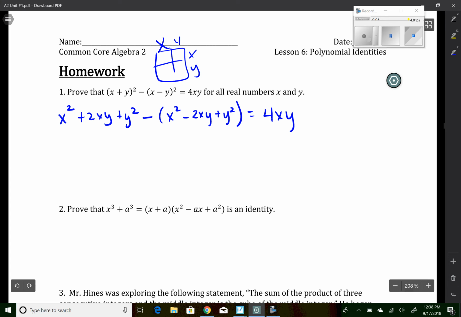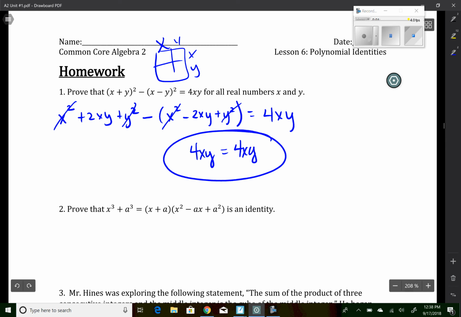Negative means we're going to subtract. x squared minus x squared is nothing, so these are going to cancel. 2xy minus negative 2xy, well, that's a positive, so it's going to become positive 4xy. y squared minus y squared, they're going to cancel also. So we're left with 4xy equals 4xy. So it's an identity because it's true, right? So we're going to say this is a true statement.